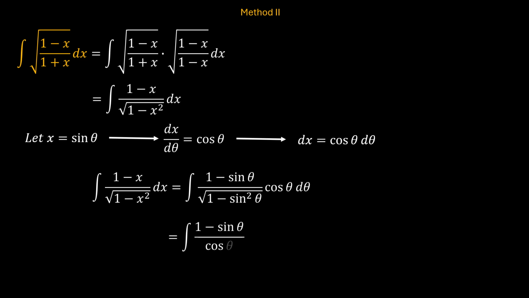And so the cosine theta in the denominator cancels with the cosine theta in the numerator, and we are left with a simple integral of 1 minus sine theta. So that is easy to solve. We have the integral of 1 minus sine theta being equal to theta plus cosine theta plus c.